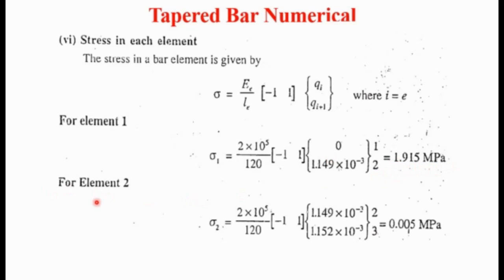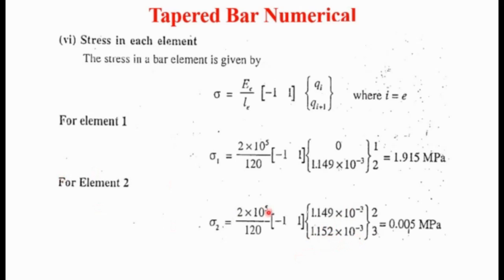Similarly, the stress in the second element, sigma 2, is equal to E2 divided by l2 into minus 1 1, and q2 and q3. The value of E2 is 2 into 10 raised to 5, the value of L2 is again 120, minus 1 1, with q2 as 1.149 into 10 raised to minus 3 and q3 as 1.152 into 10 raised to minus 3.